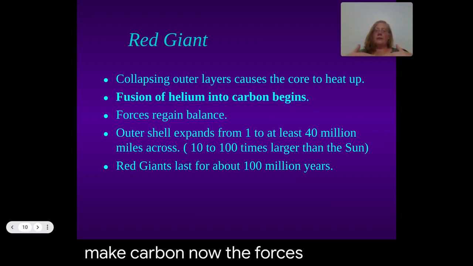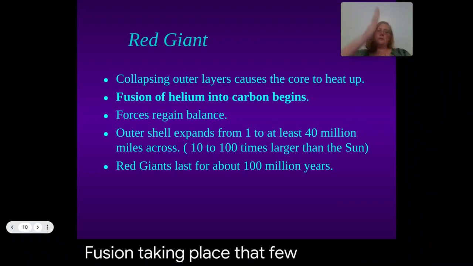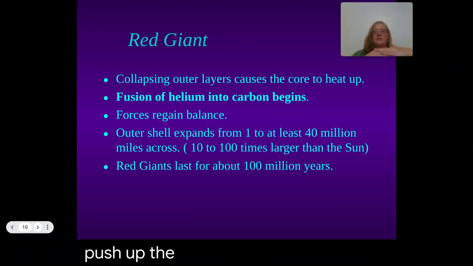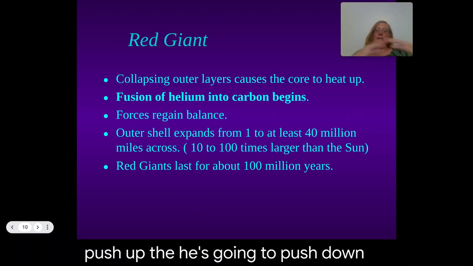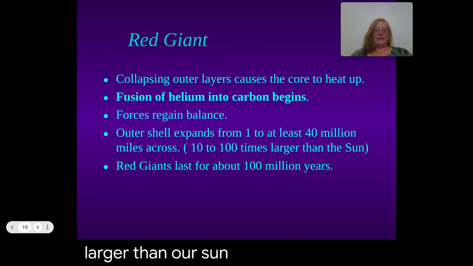Now the forces are going to regain balance. We now have a new fusion taking place. The fusion is going to push up, the gravity is going to push down. In the meantime, the outer shell of the star expands a lot, 10 to 100 times larger than our sun currently is.